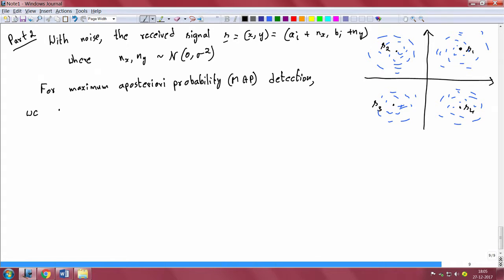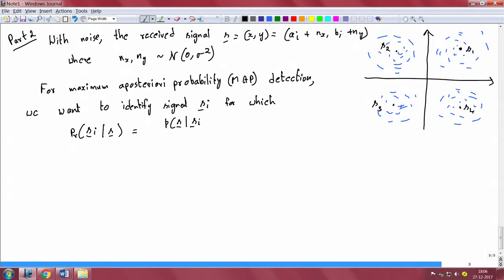Essentially we want to identify a signal Si for which its a posteriori probability, the probability of Si given the received signal, which using Bayes theorem we write as probability of S given Si times probability of Si divided by the probability of S, is maximized.